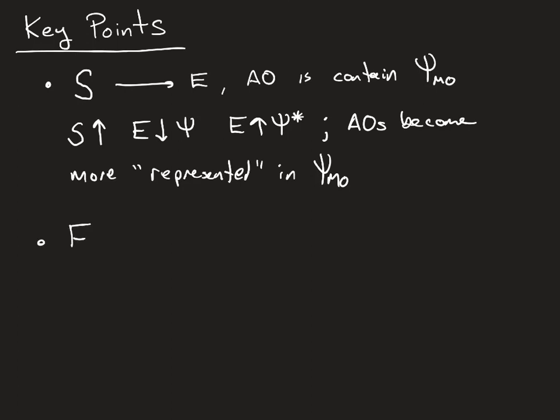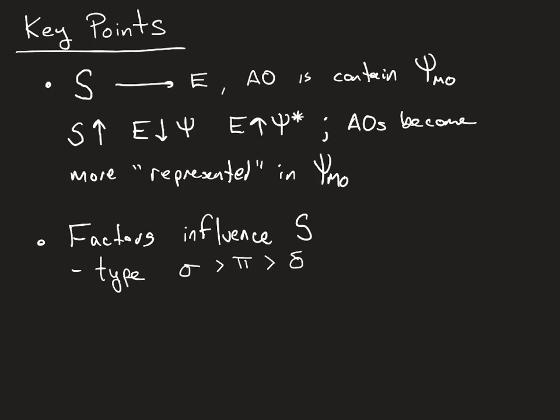The factors that influence your overlap integral include your type of orientation, so essentially the type of bond that you're forming, with sigma bonds having larger overlap integrals than pi bonds, which have larger overlap integrals than delta bonds.